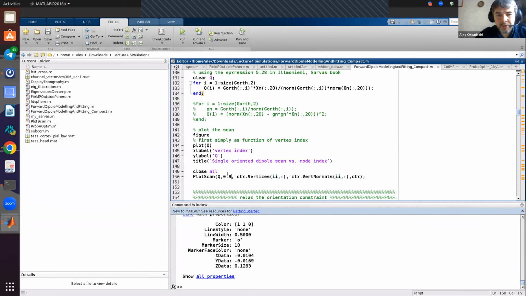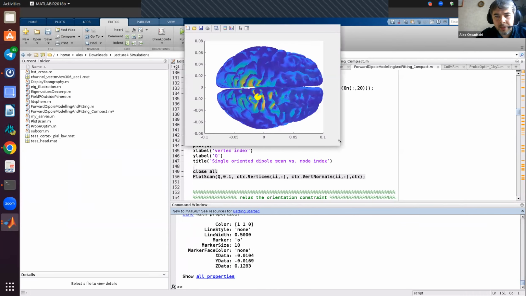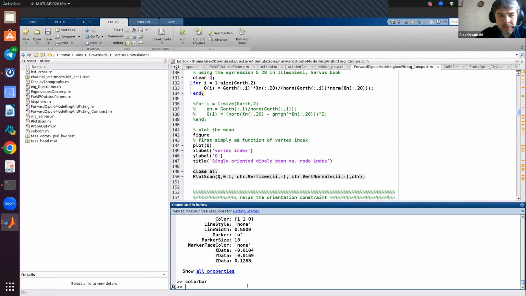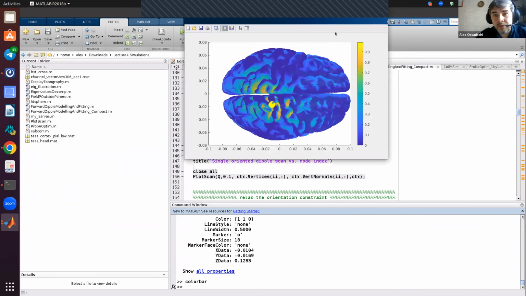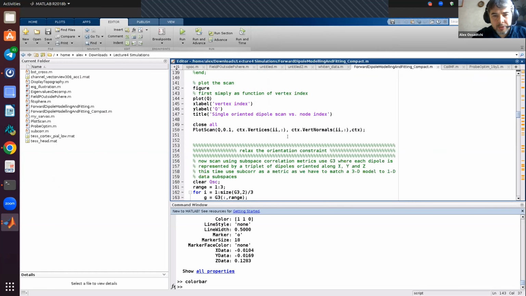If you threshold it at, say, 0.1, you will get this, and the color bar tells you the cosine between the topography of the model of a dipole at each location, orthogonally oriented, and the data. I selected the 20th slice of data. In some locations the cosine is pretty high, but we didn't like this picture and we went into the two-dimensional case.